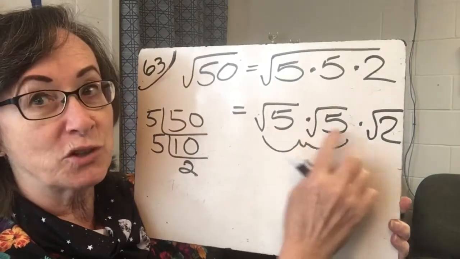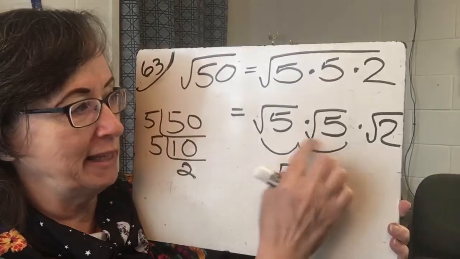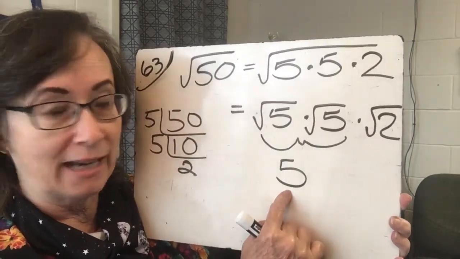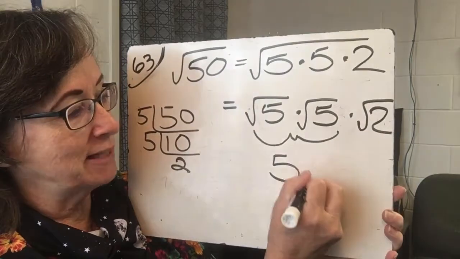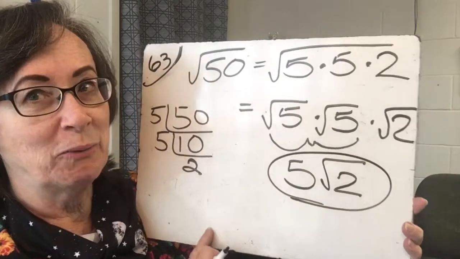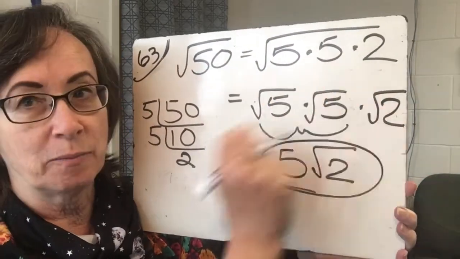So the square of the square root of 5 is 5. So these two multiply together to give us 5 out of the radical, and then we have to tack on the square root of 2. That is one way to simplify using prime factors.